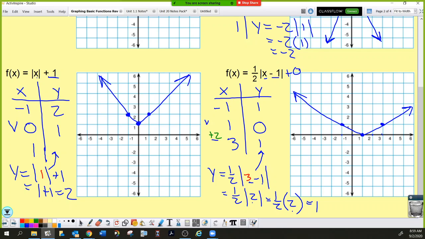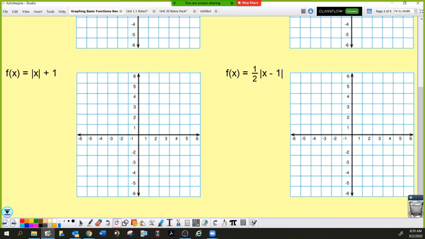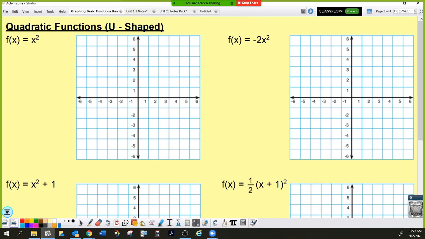Okay. Well, then I'm going to clear it, and we will go to our quadratic functions. These are U-shaped. But I have some really good news for you.